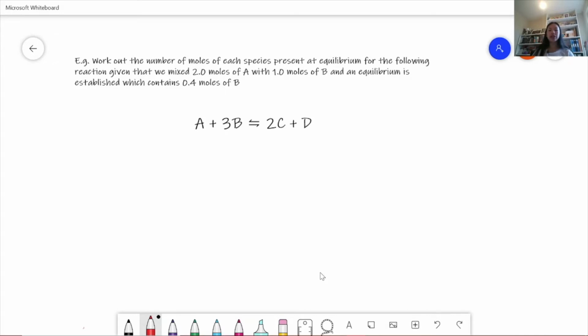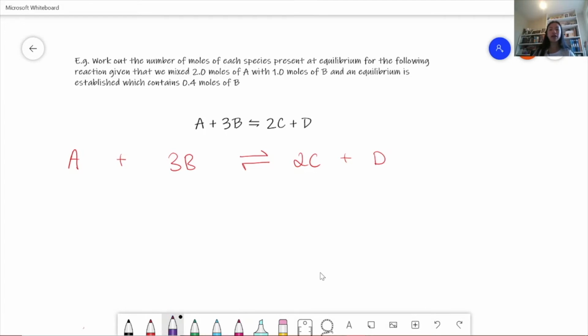So the first thing I do is write down the equation. So we have A plus 3B forms 2C plus D. And then I write down the moles that they initially have, so the moles that we've reacted together.